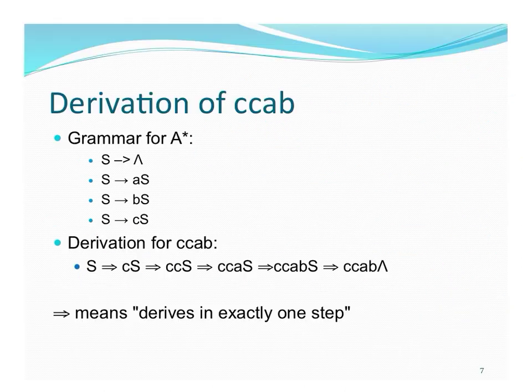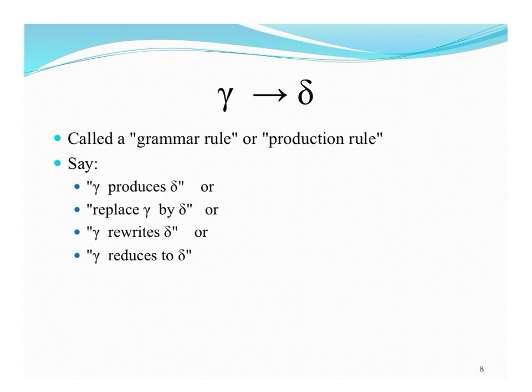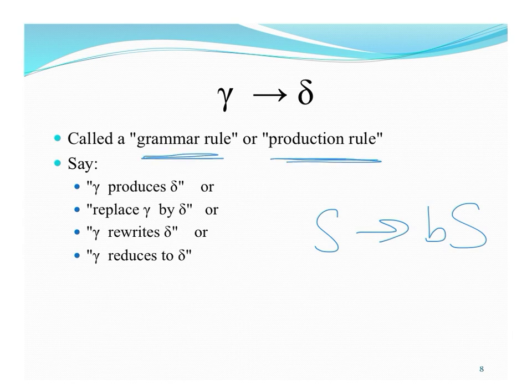Here's a cleaner version of what we just did together as a group, and you'll notice that in here I tell you that this arrow means derives in exactly one step. These lines, like S goes to BS, are called a grammar rule or a production rule. If we have gamma arrow delta, we can say gamma produces delta, or replace gamma by delta, or gamma rewrites delta, or gamma reduces to delta.